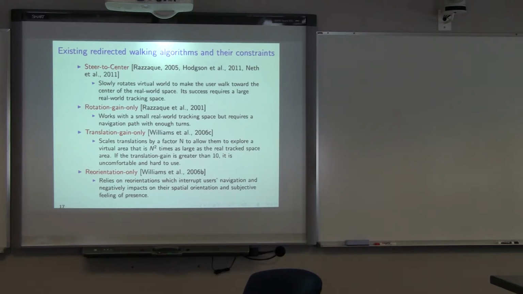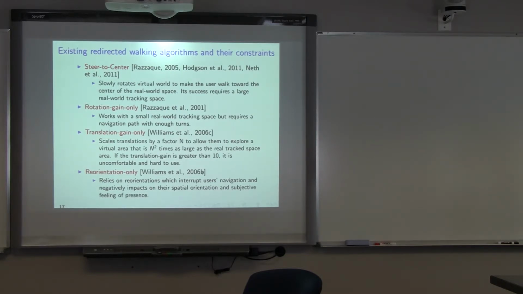But the problem with this approach is that we need to have some kind of pre-knowledge about the user's path in the virtual world, because we want to insert the rotation gains at the point the user turns in the virtual world. So it also has its limitation.